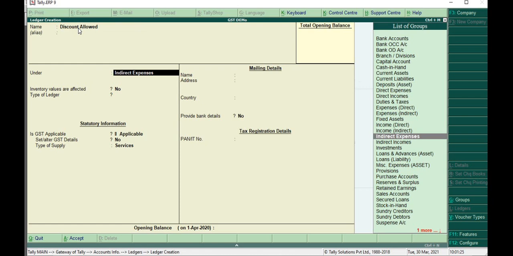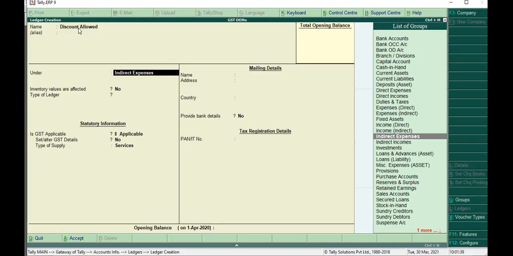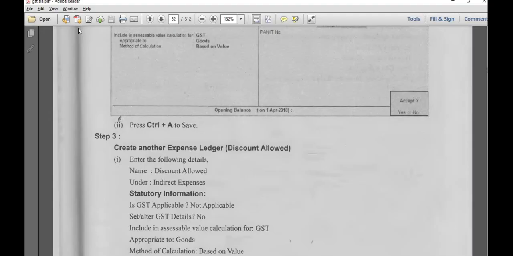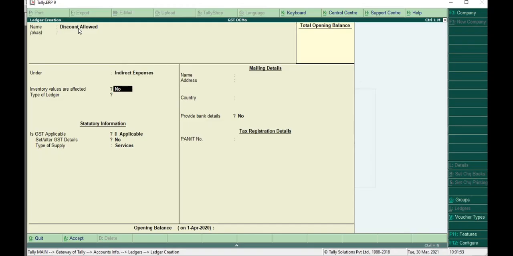Income, sir. Discount allowed. Sure? You have given the discount. So that is expenditure. It is not discount received.